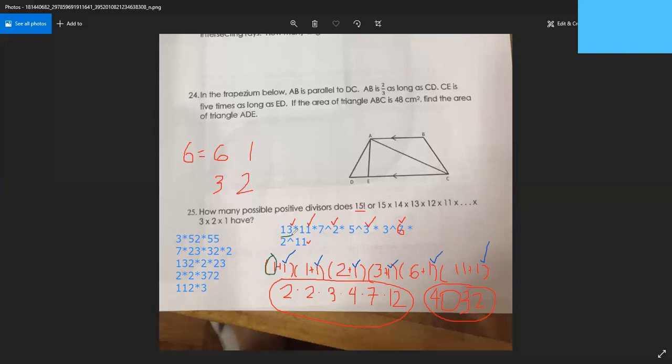We only have one 13 here. This one is the exponent of 11. We only have one 11. This is the exponent of 7. We have 2 sevens. This is the exponent of 5. We have 3 fives. This is the exponent of 3. We have 6 threes. This is the exponent of 2. We have 11 twos. That's it.